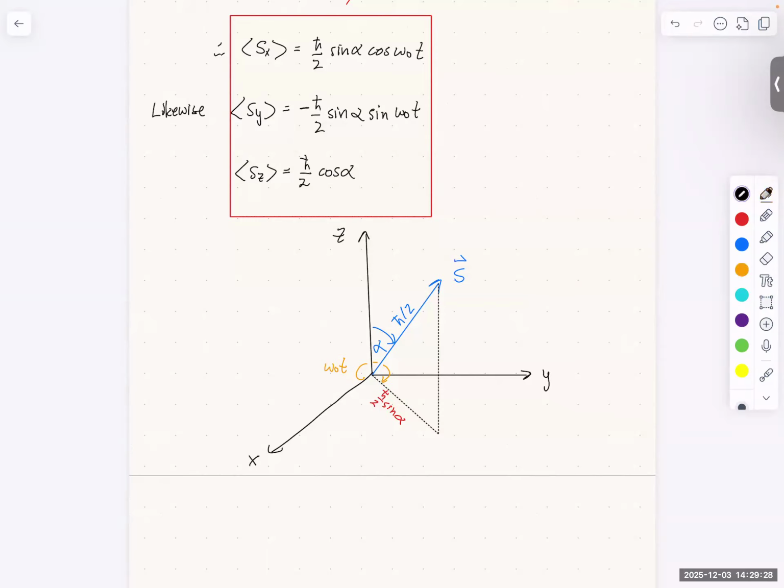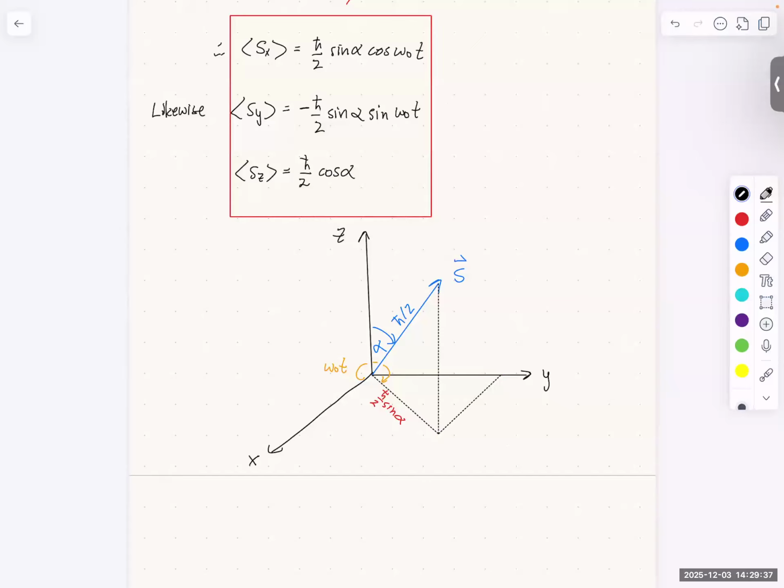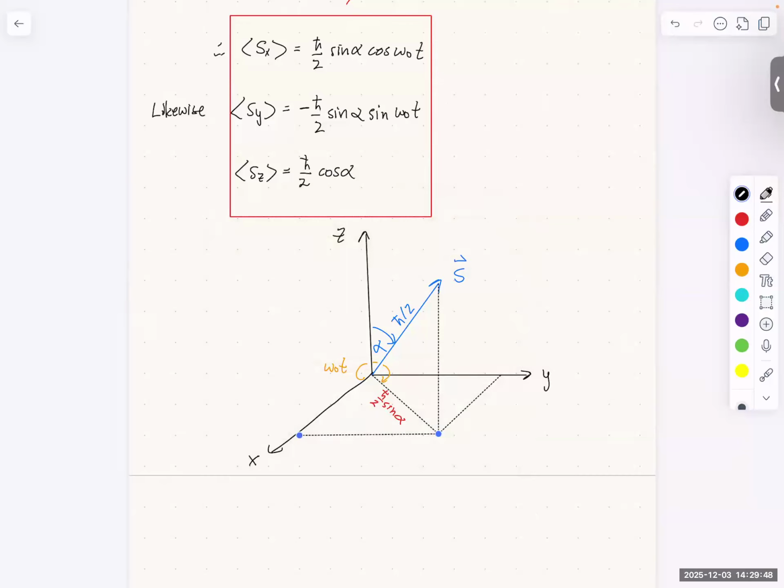So let's continue these little projections here. So we have one here, and we've got one over here. All right. So what we might be interested in is the length here, which is this x component of our spin.